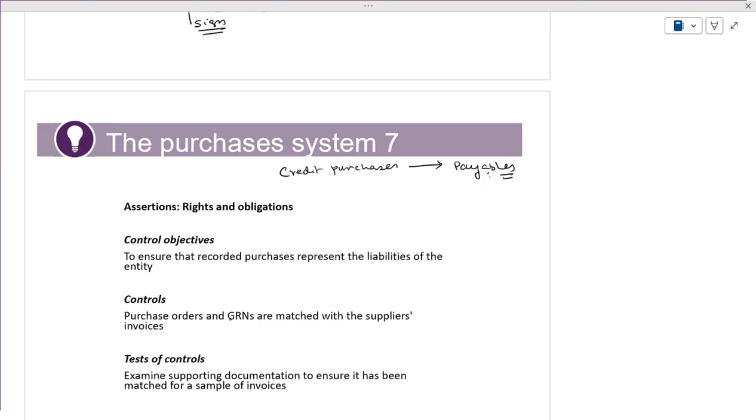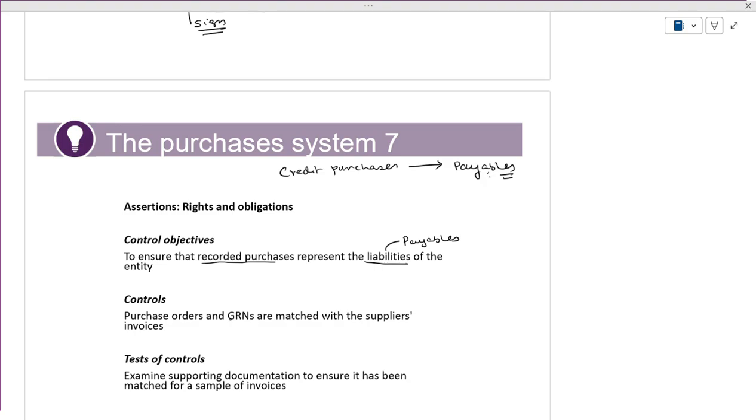This is to ensure that whatever purchases we have recorded represent liabilities. Which liabilities? Payables. Mostly current liabilities only; in extraordinary cases you will have non-current.